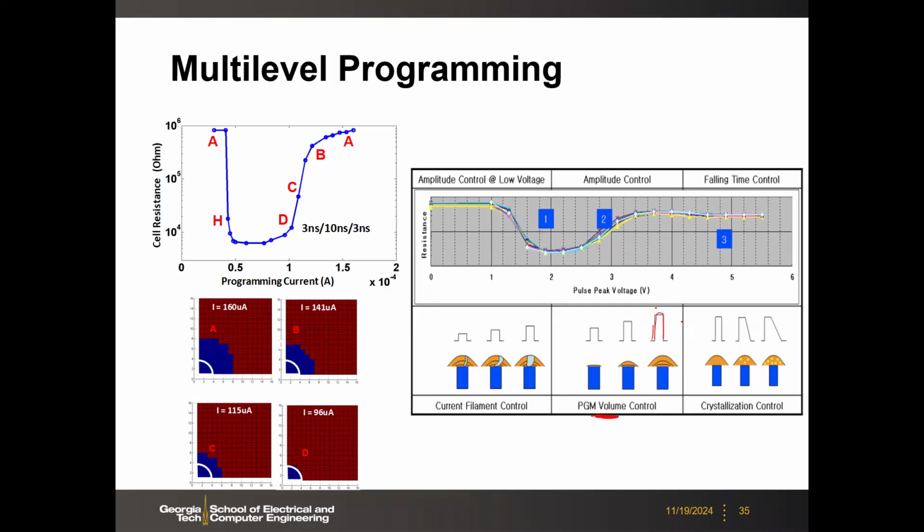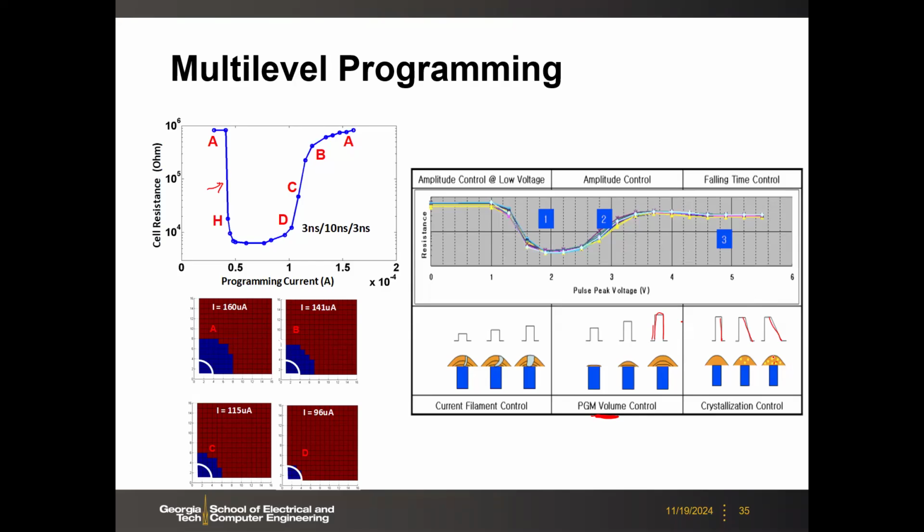And then for this part, you can do the timing control. When you change the slope of this set pulse, you can create different resistance states as well.